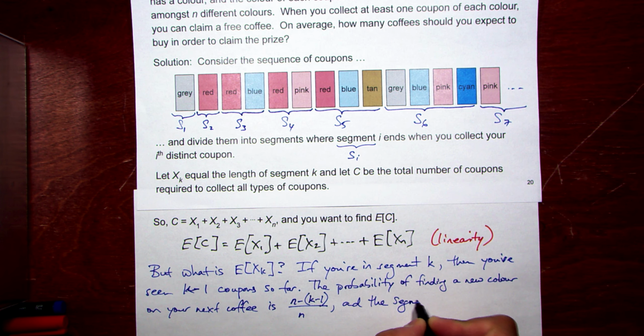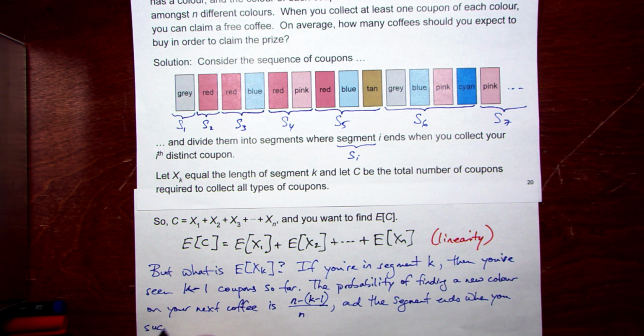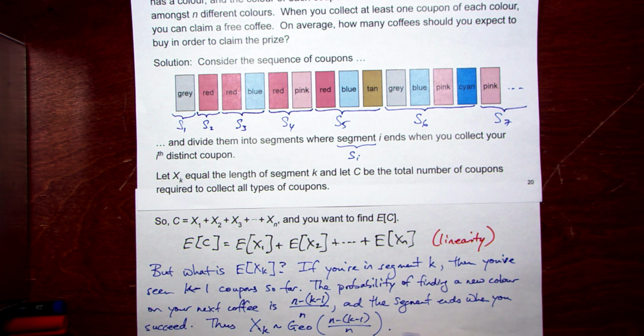And the segment ends when you succeed. Thus, it's a geometric distribution. Okay, so x sub k is geometric with this probability, n minus (k minus 1) over n.